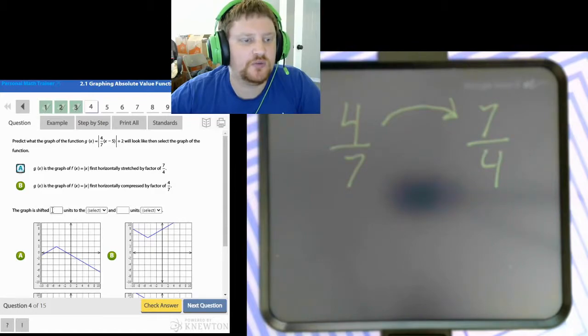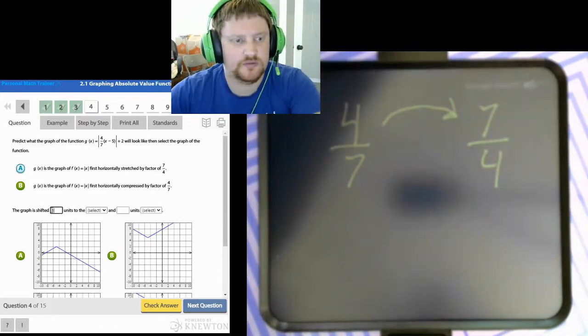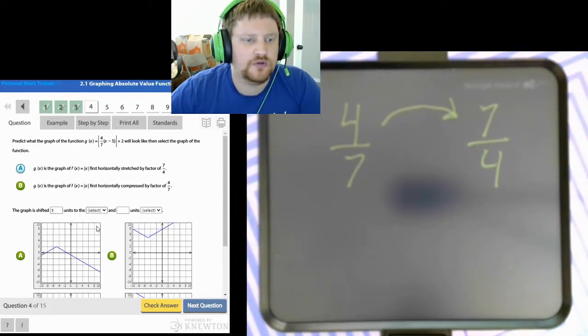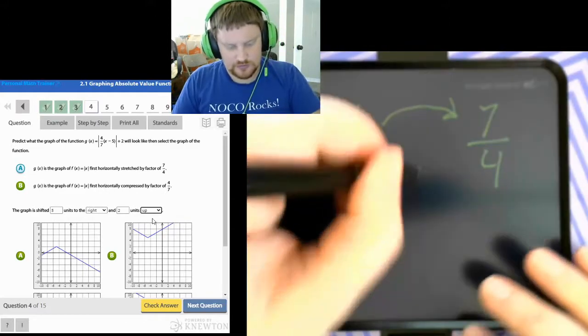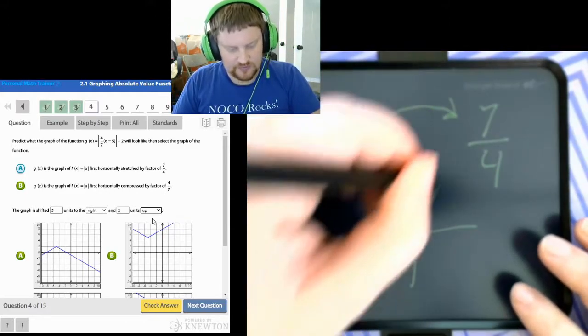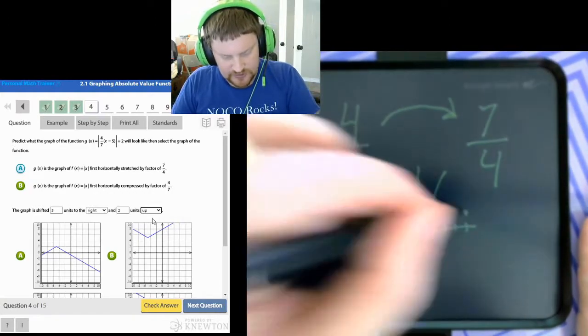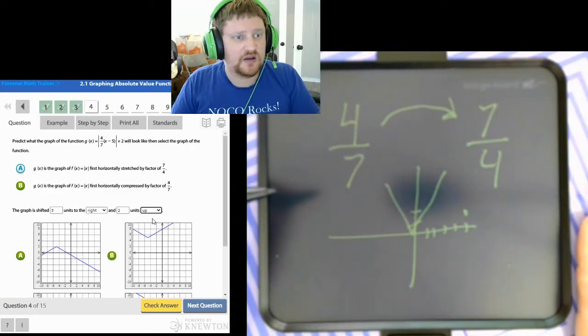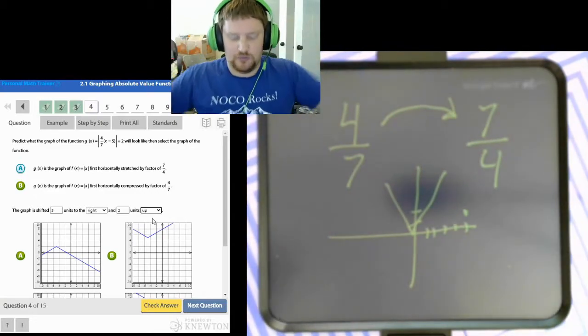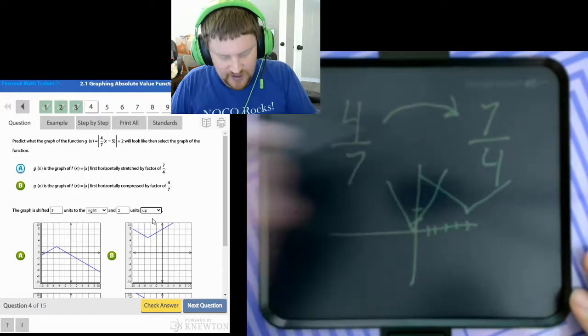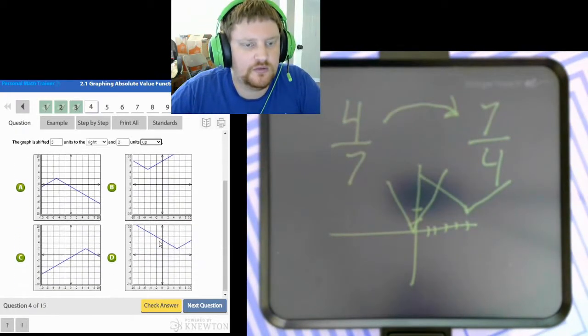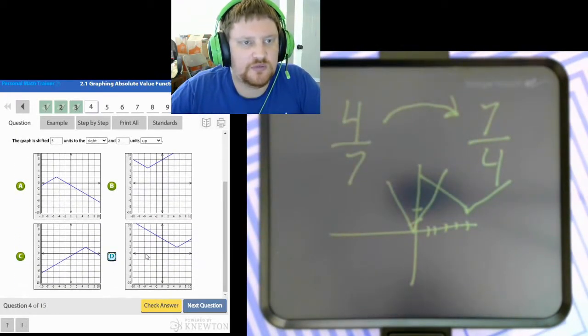Minus 5 tells us we're moving 5 units to the right. Plus 2 tells us 2 units up. So if this is our absolute value, we're going 1, 2, 3, 4, 5, 1, 2. Here's our vertex. And this is a horizontal stretch, so pulling them apart, it should be fatter than otherwise. And this is our only possibility, because we do not have a reflection.